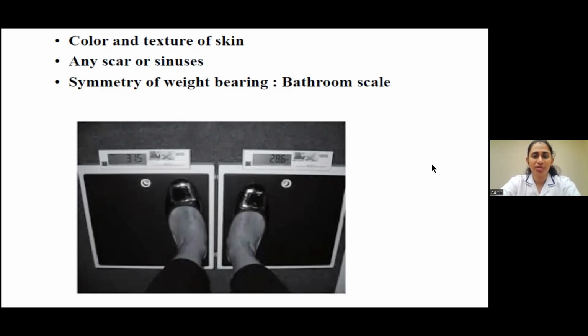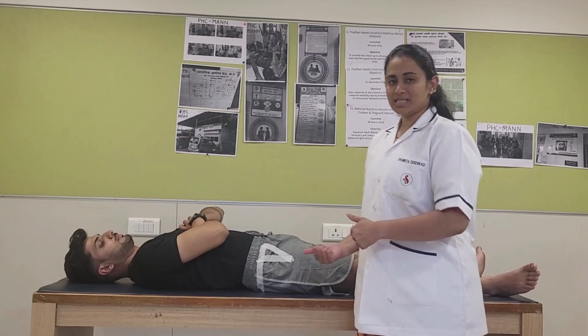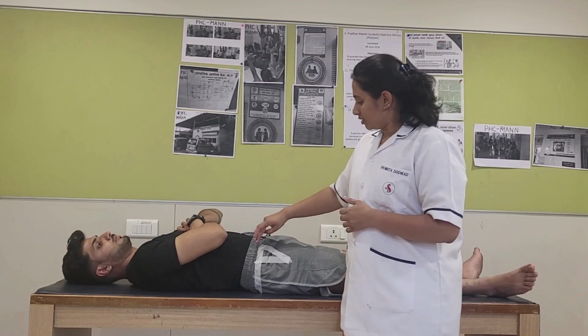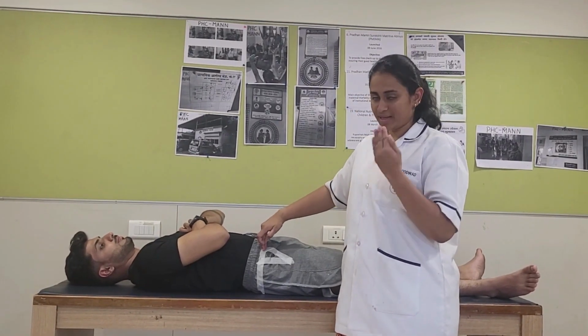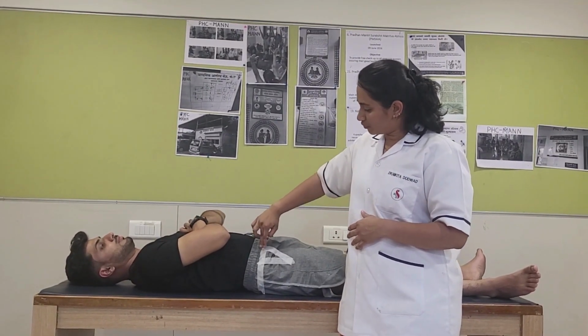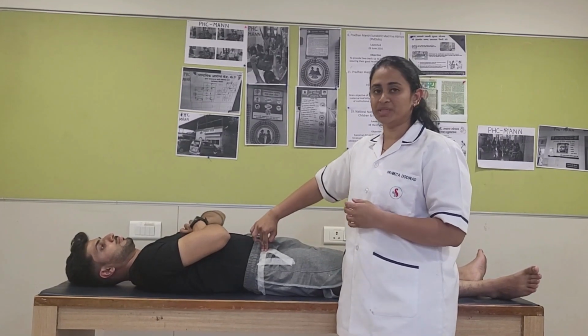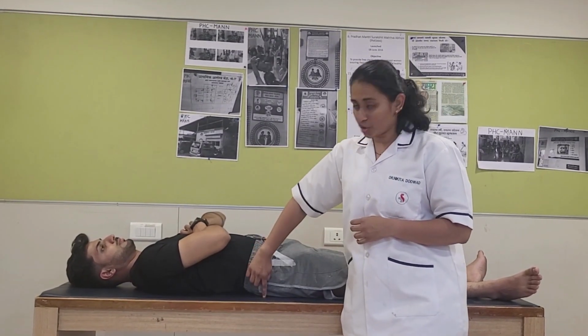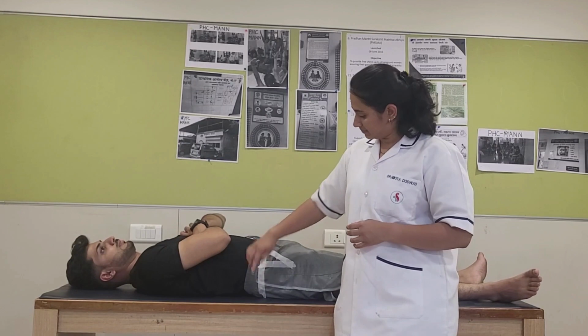Now we'll move to the special tests for the hip joint. This is a measurement to understand the placement of the GT, or to understand if the hip is going into a coxa vara or valga. Here, an imaginary line is drawn from the ASIS, that is the anterior superior iliac spine, and it is dropped till the examining plinth.